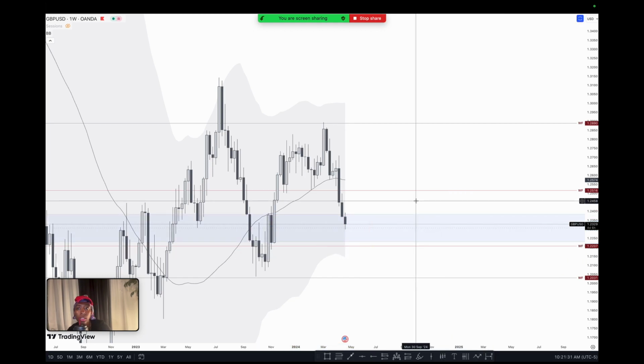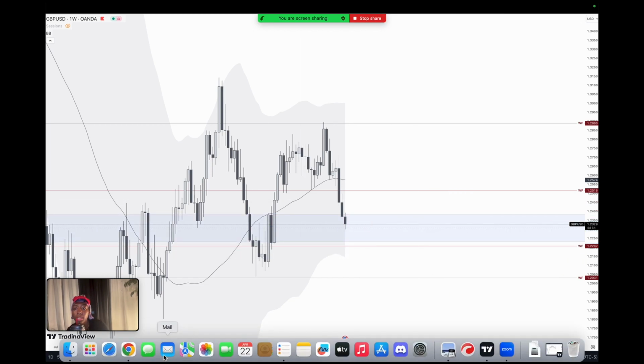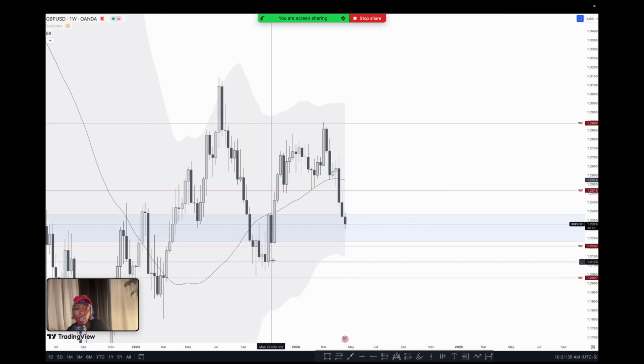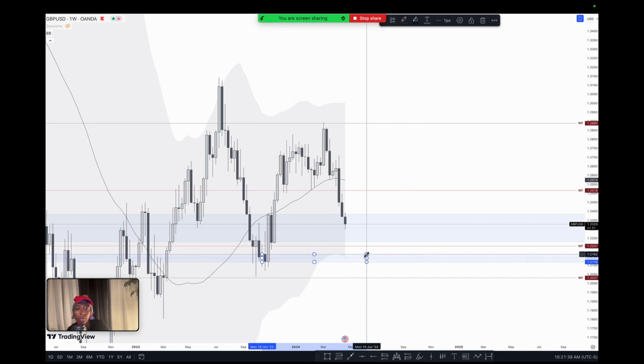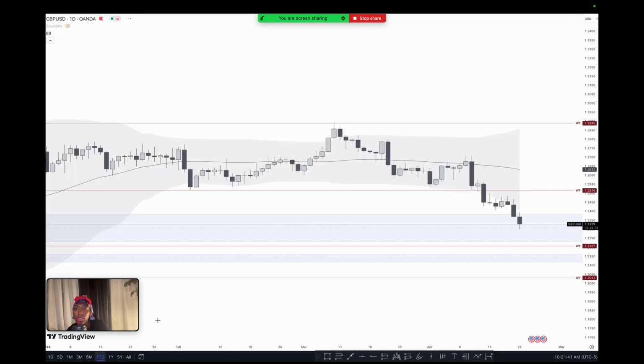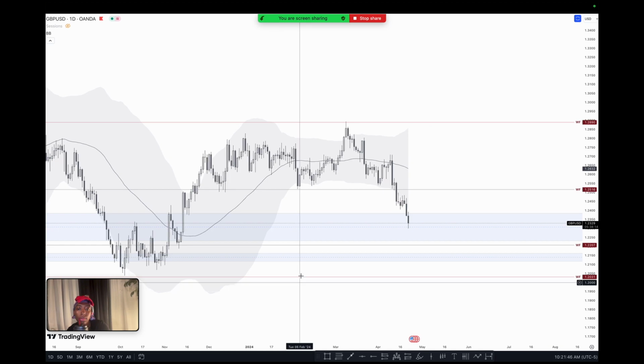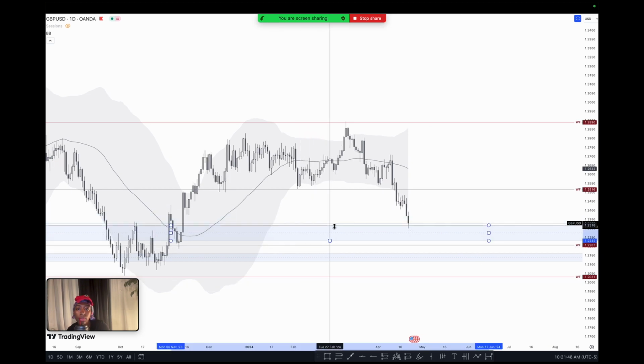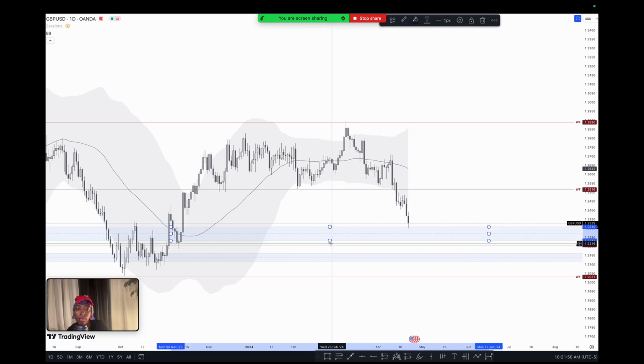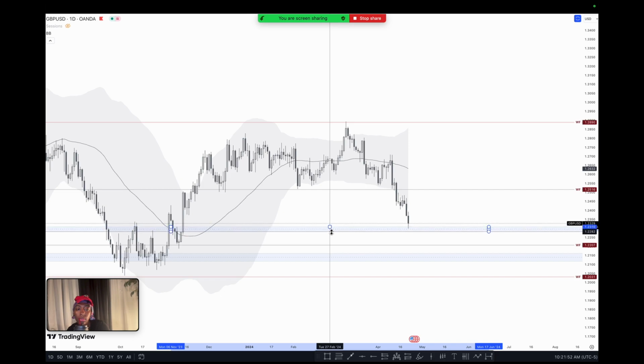So let's go to the daily time frame to see if we see something. Also, want to mark this one up too. It reacted to this right here. This right here broke through, ran back up, and it's testing this.